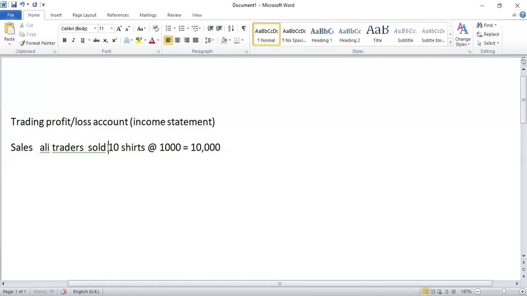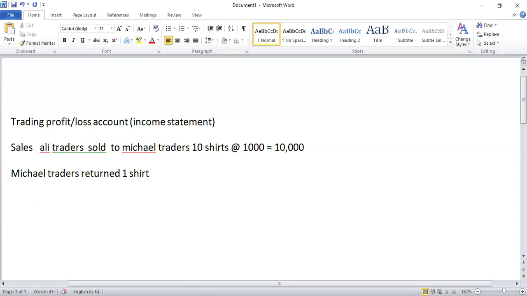But let's say we have sold to Michael Traders, and these Michael Traders have returned one shirt.